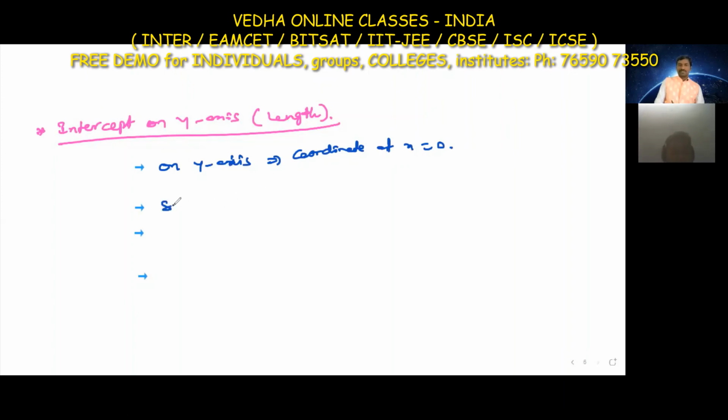Substitute x equal to 0 in the given circle equation. After substituting, we get a quadratic equation in terms of y.